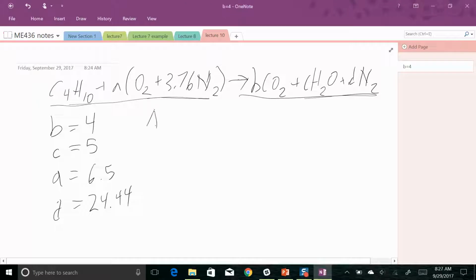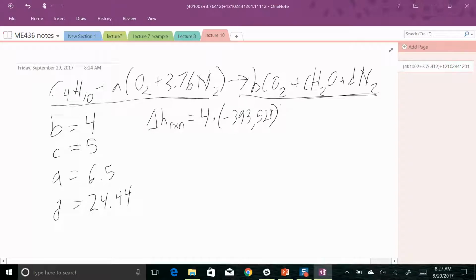The change in enthalpy of the reaction is going to be equal to, on the product side, I have B times CO2, so we have 4 times the heat of formation for CO2, which was negative 393,520.